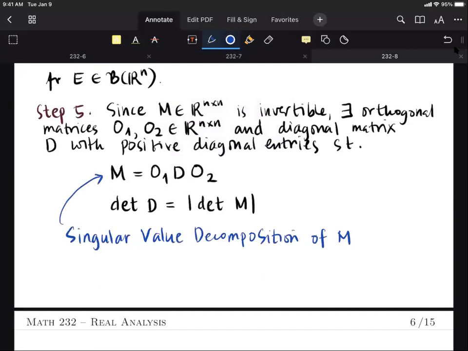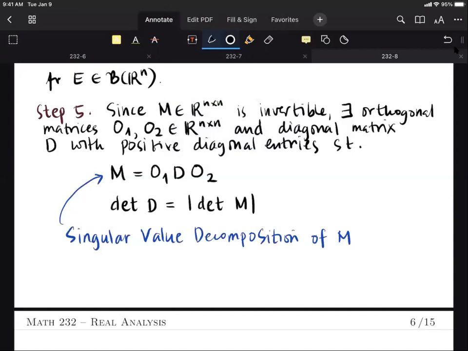So one can factorize an invertible square matrix as a product of two orthogonal matrices and a diagonal matrix with positive entries. And the diagonal entries of D are called the singular values of M. This is, in fact, a specific result in linear algebra wherein this singular value decomposition holds for not necessarily square matrices.